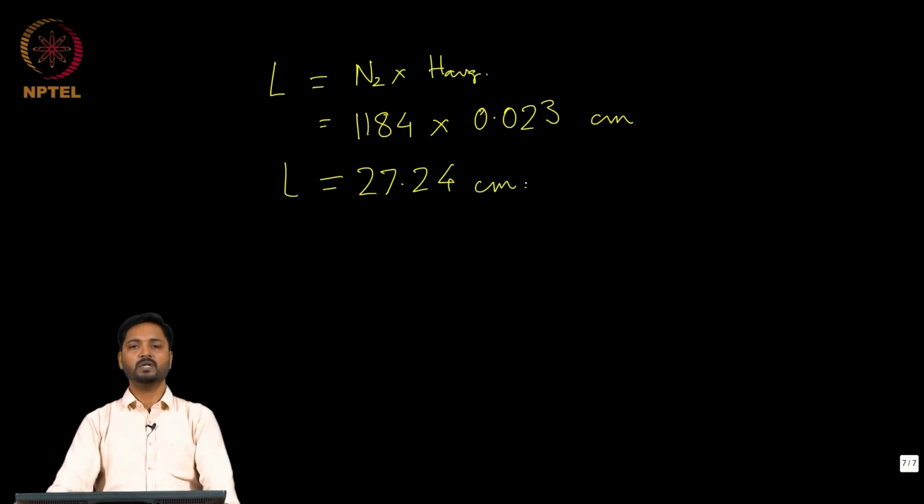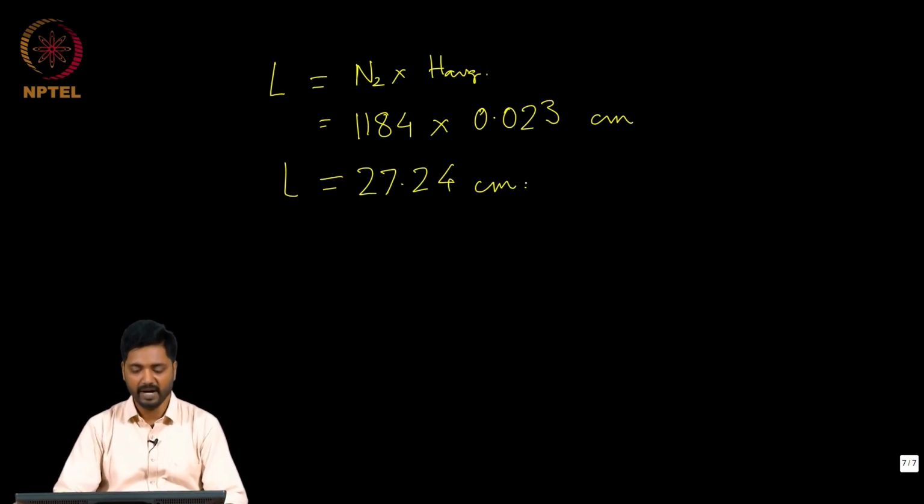So, in other words, to achieve a resolution of 1.5, we will have to increase the column length to 27.24 from our original length of 20 centimeters.